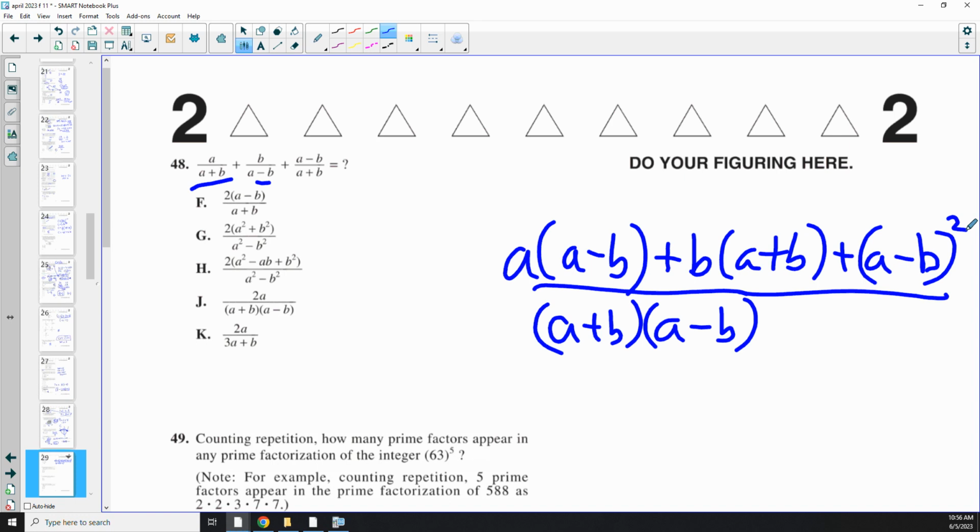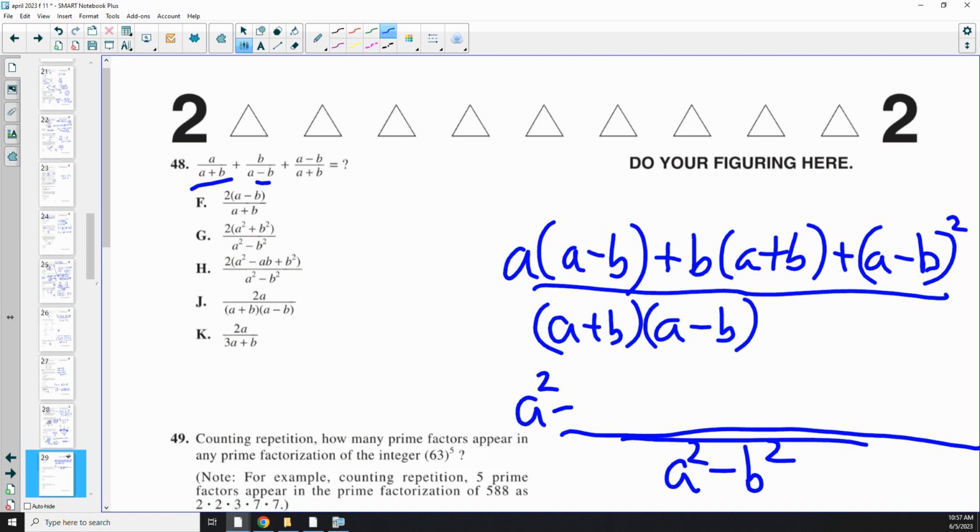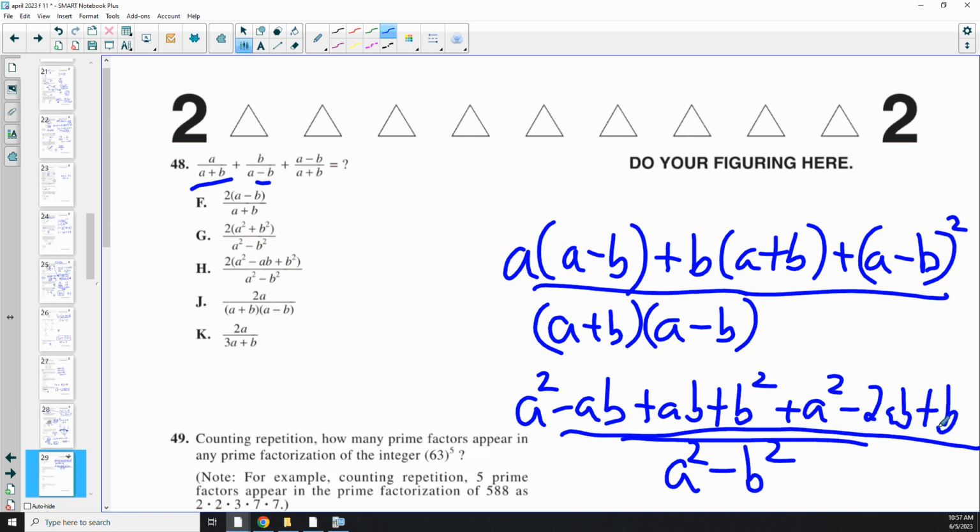So what does that give me? It gives me a denominator of a plus b times a minus b, and the numerator is going to be a little ugly. It's a squared minus ab plus ab plus b squared, and the last one is going to be that FOIL. And now hopefully there'll be some cancellations.